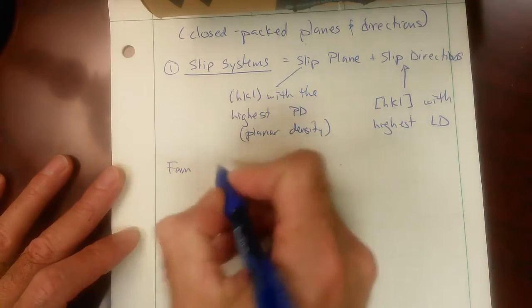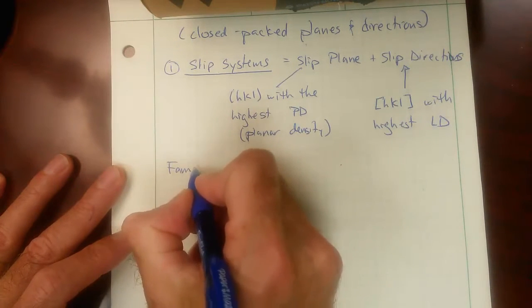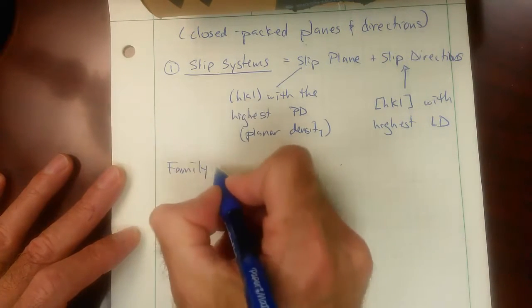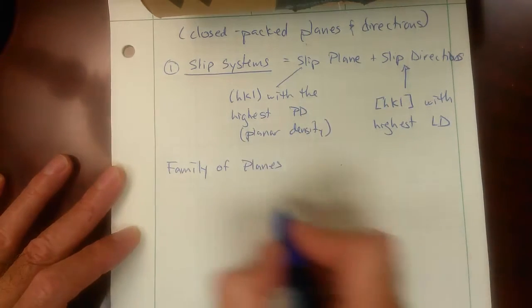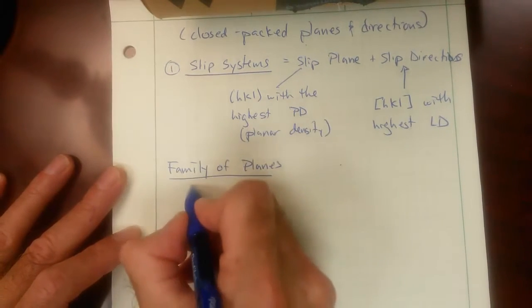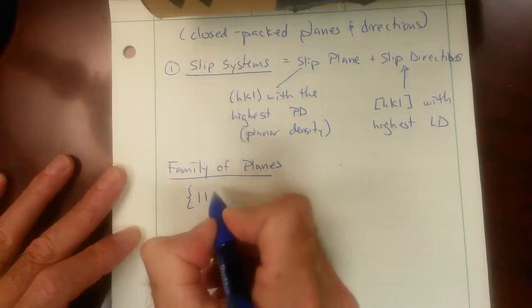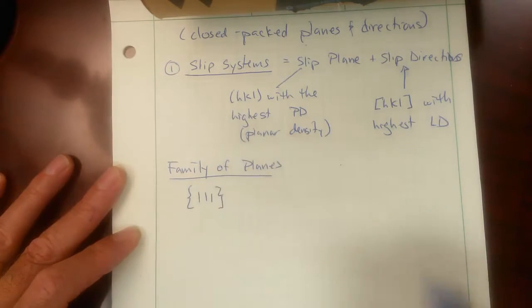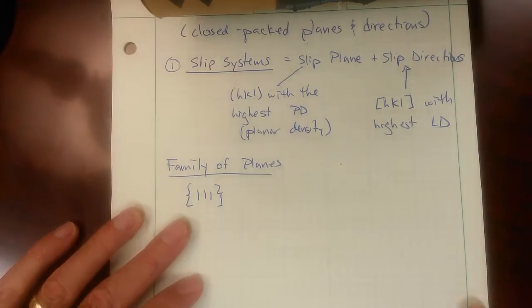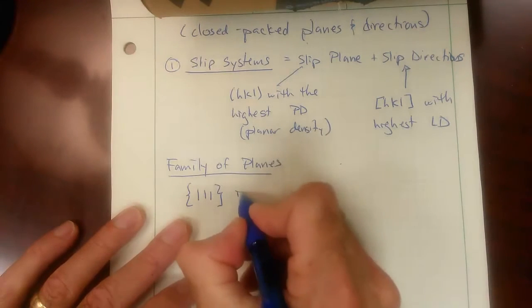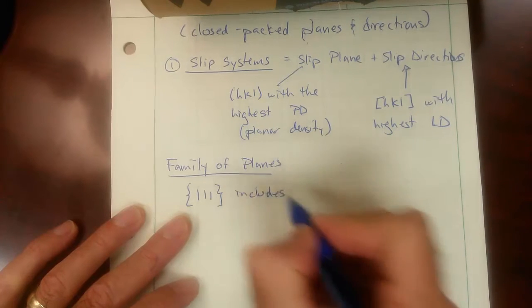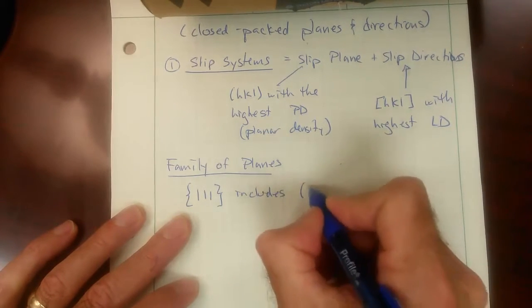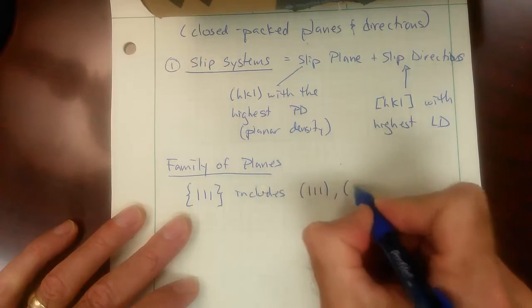So in this chapter and elsewhere, we are going to use the concept of a family of planes as a shorthand notation. When I put three Miller indices in braces like that, that includes all of the 1, 1, 1 type planes.